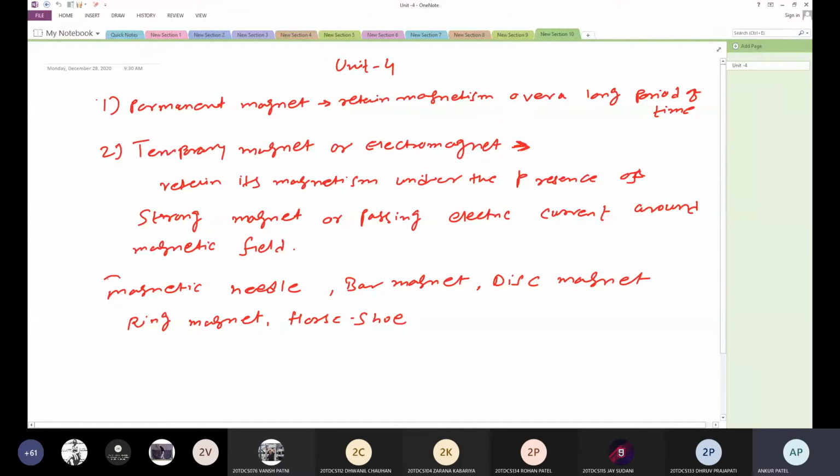These are the various shapes of magnets.